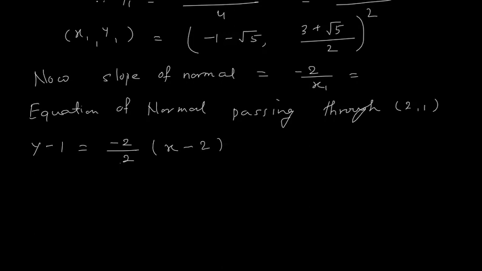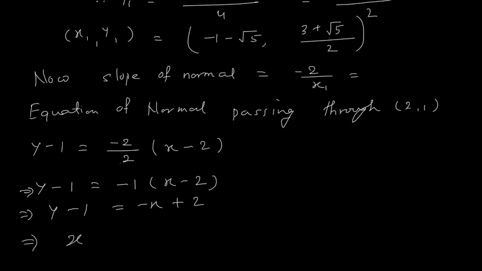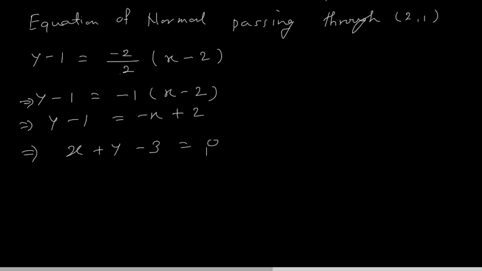So y minus 1 equals minus 1 into x minus 2. This implies y minus 1 equals minus x plus 2. So this gives me x plus y minus 3 equal to 0, which is one equation.